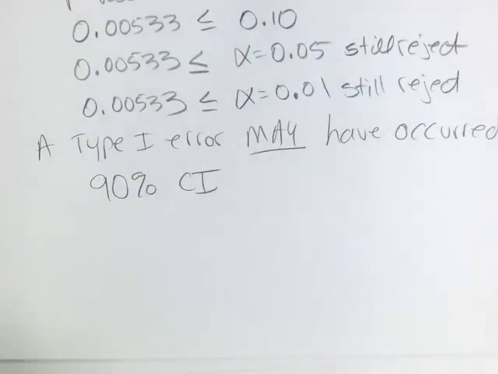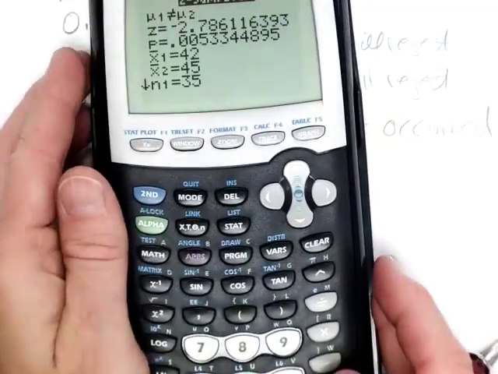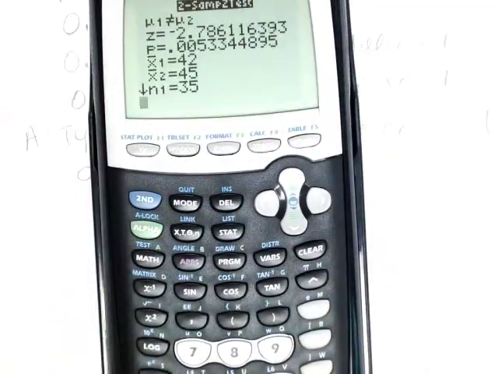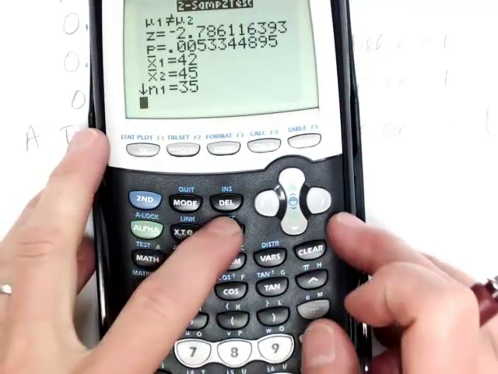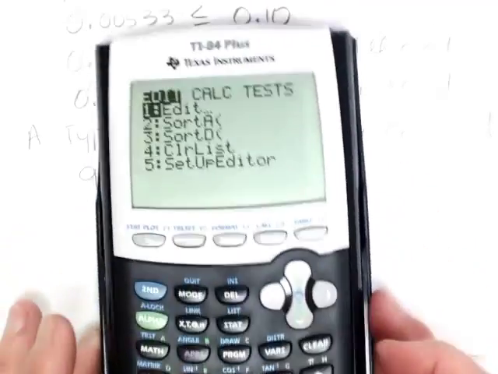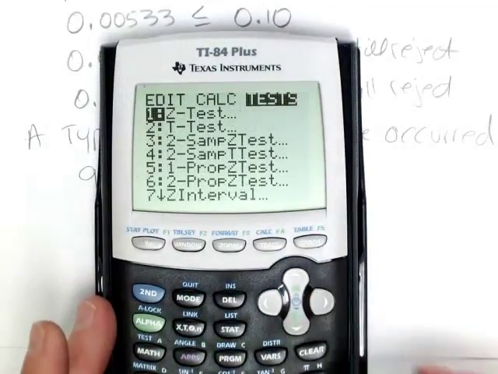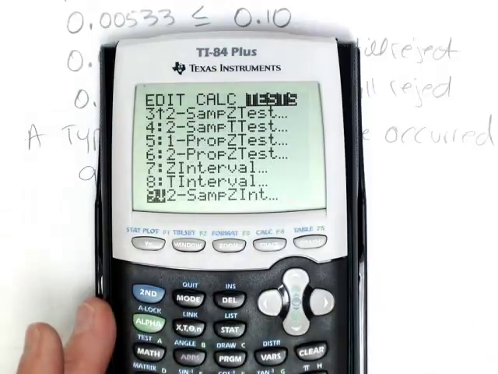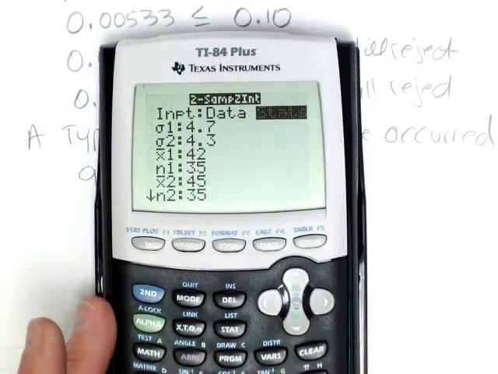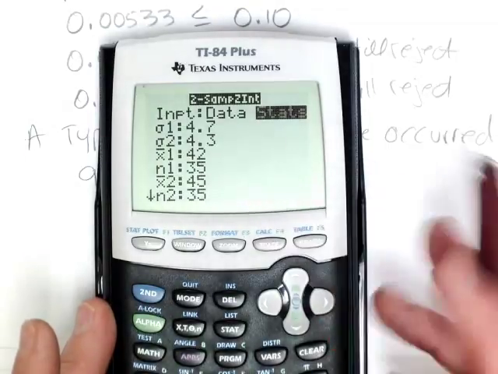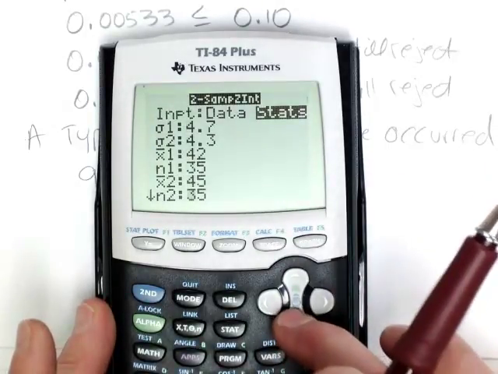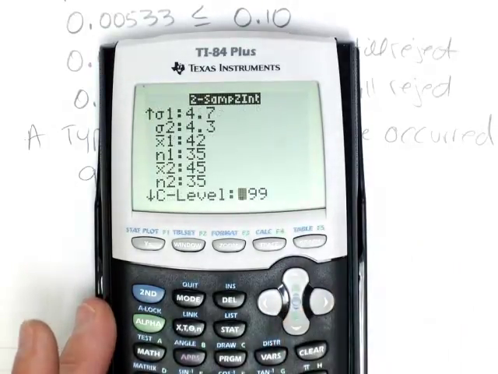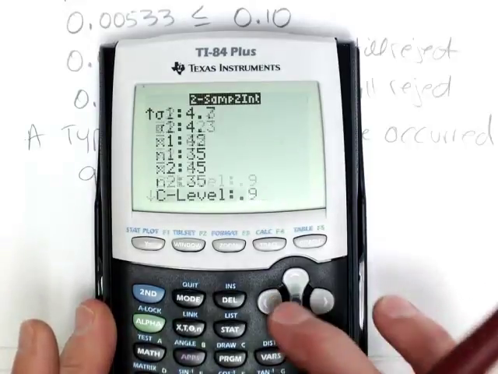I do want to mention it because it is consistent with our decision. I press stat, right arrow over to tests, and scroll down to the two-sample z interval. Notice that it carried over the information from the hypothesis test, which is really nice. But I do want to change my confidence level to 0.9.